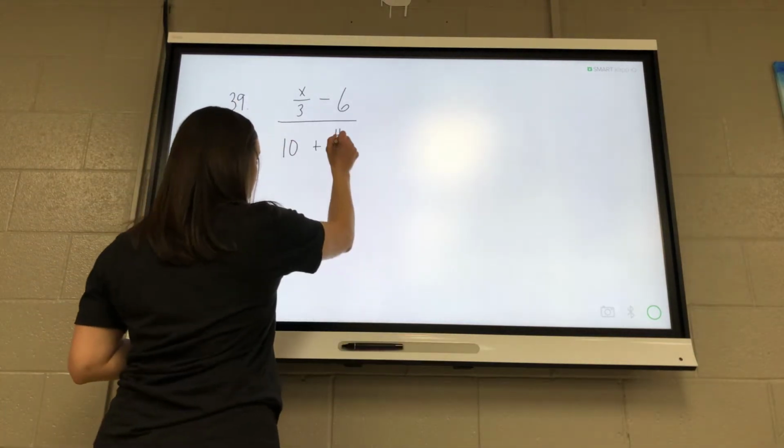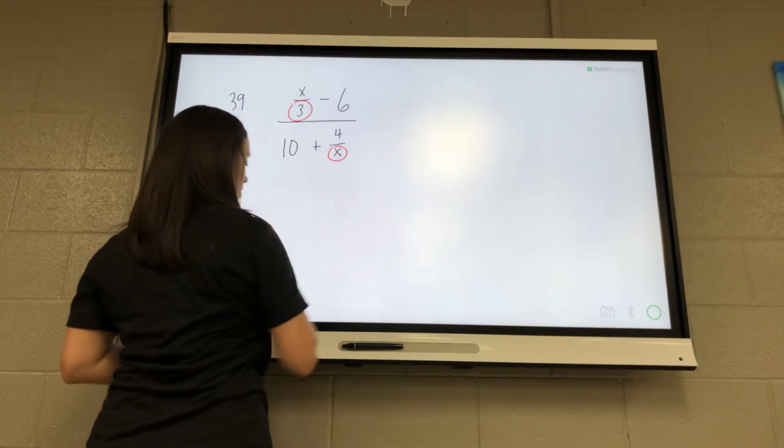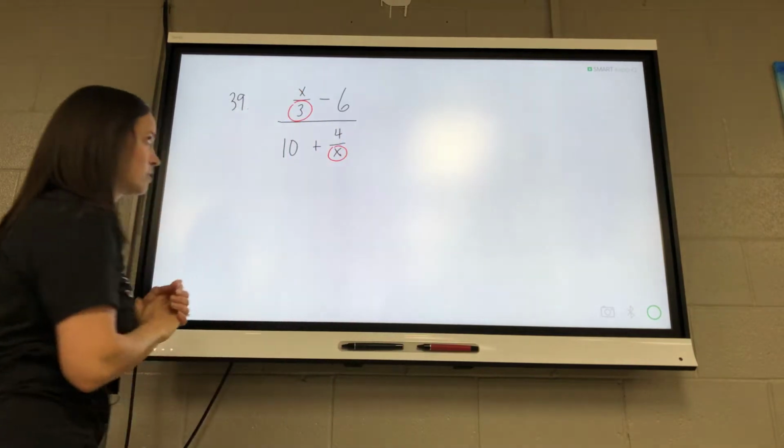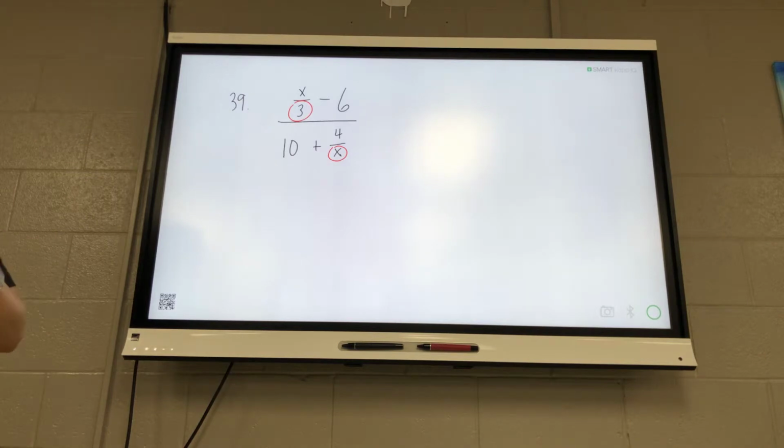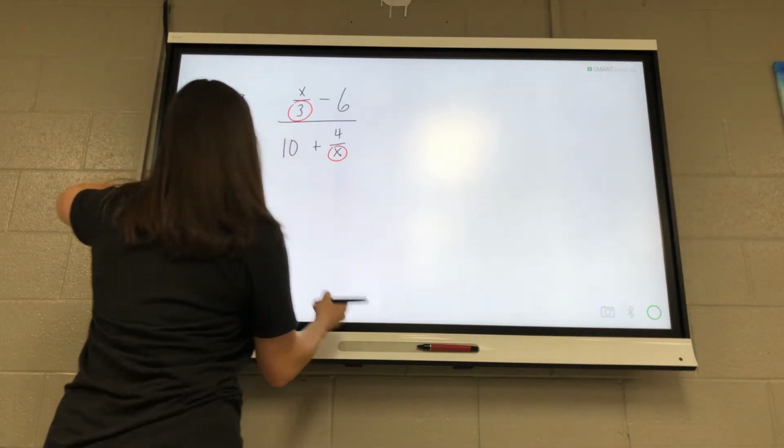So we have x and we have 3x, correct? Every term is going to be multiplied by our least common denominator, but between those two would be what? 3x. I'm going to rewrite this.